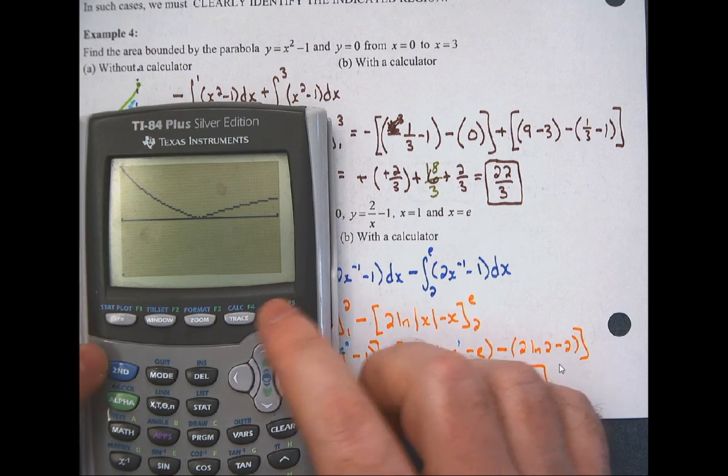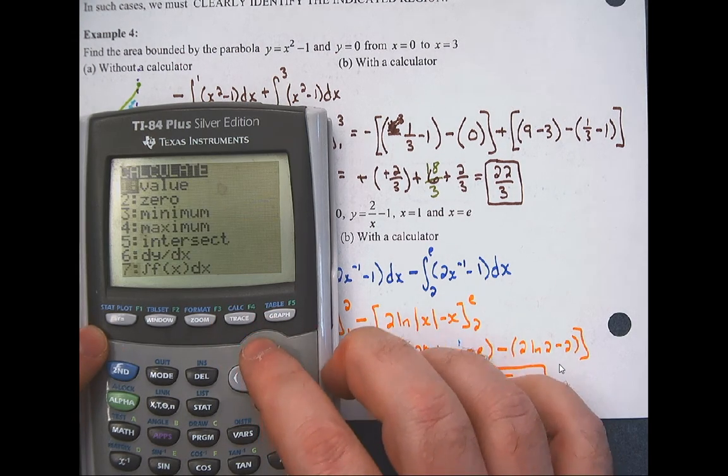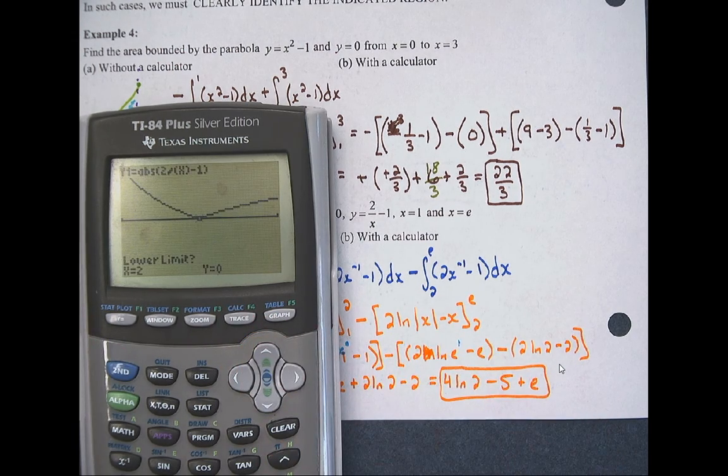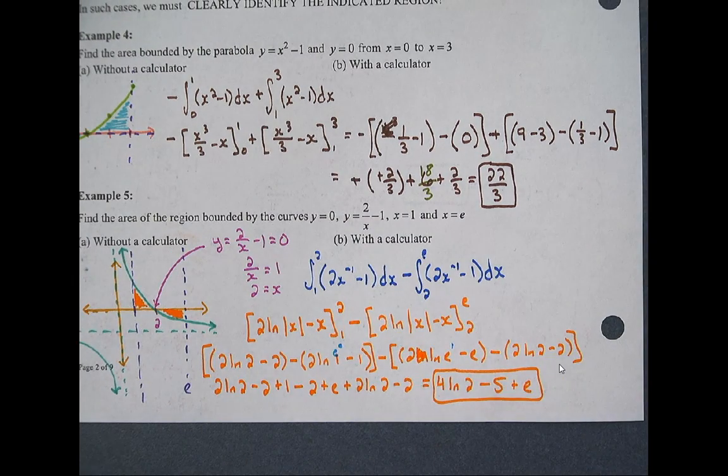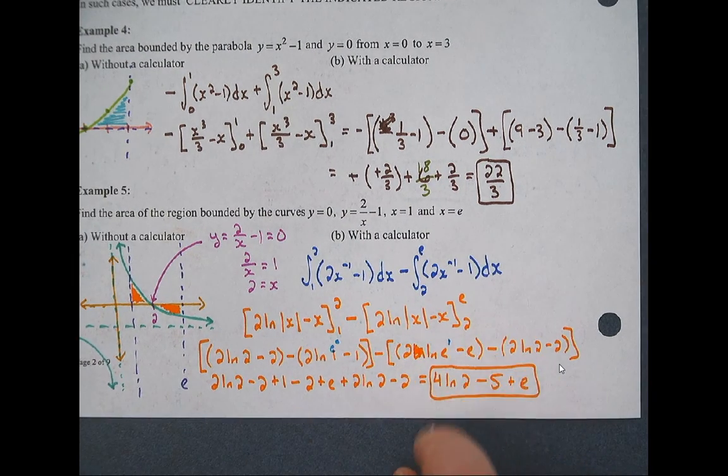So now let's see if we can integrate this. Second calc, integrate from 1 until e. Pretty slick, huh? So if you can use your calculator, man, do it to it. So I'm going to write myself a little note here.